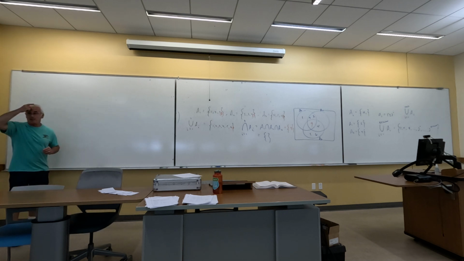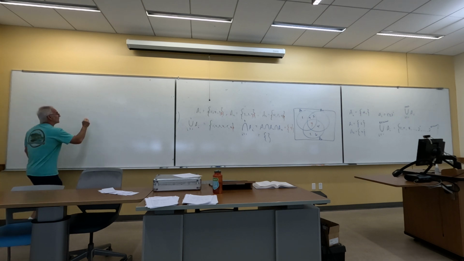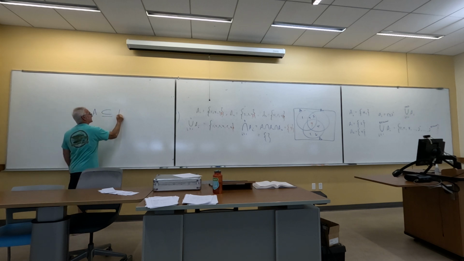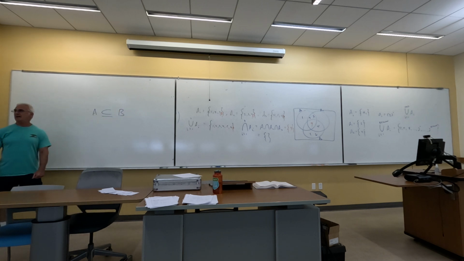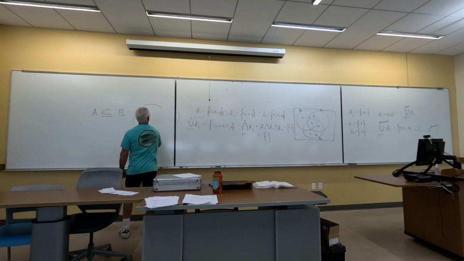Now when I use capital A, B, and C for a little while, these will always refer to sets. Okay? So we want to talk about containment, first of all. Now, whether you use this symbol or this symbol, I really don't care. The author likes using this symbol all the time. That's fine. I want to say set A is contained in set B. So here's really what we're saying.